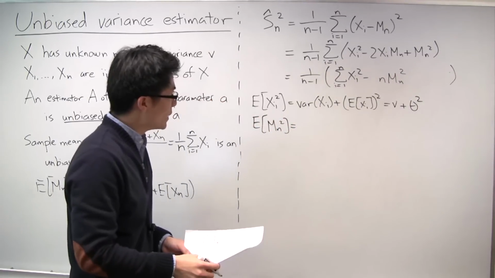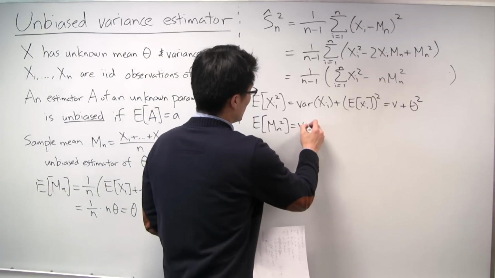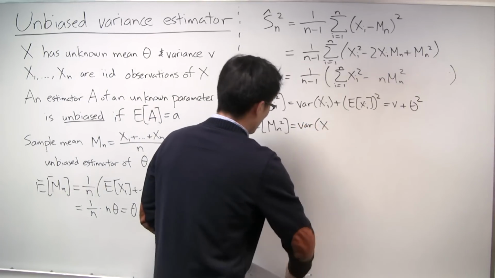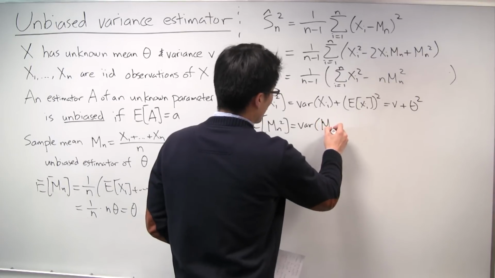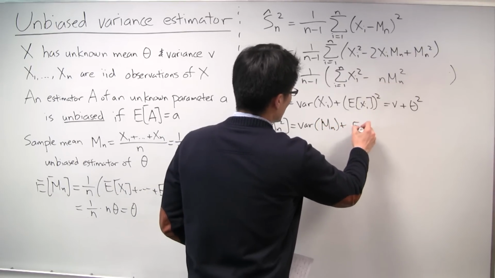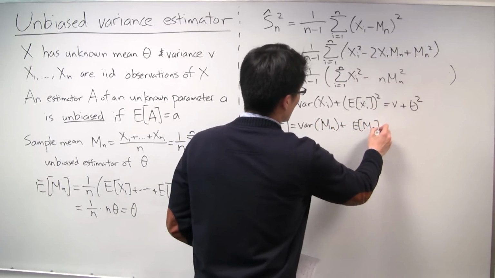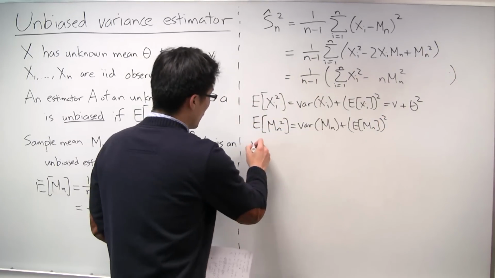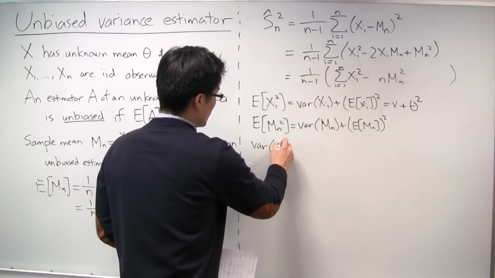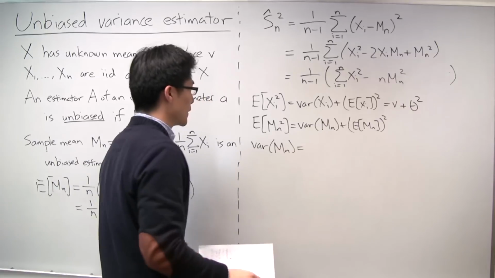The expectation of mn squared, we can do a similar thing, and this is equal to the variance of mn plus the expectation of mn quantity squared. But we don't know what the variance of mn is yet, so let's try to calculate what that is.